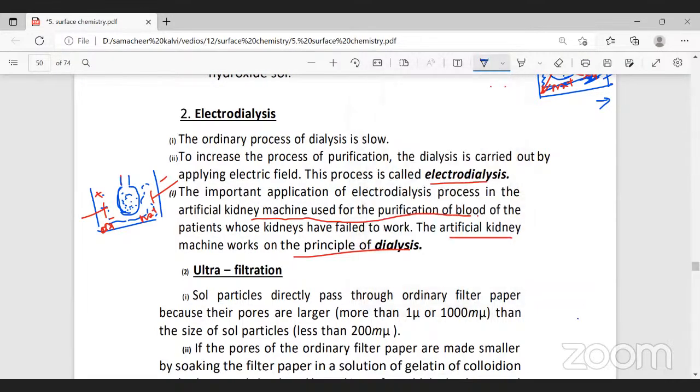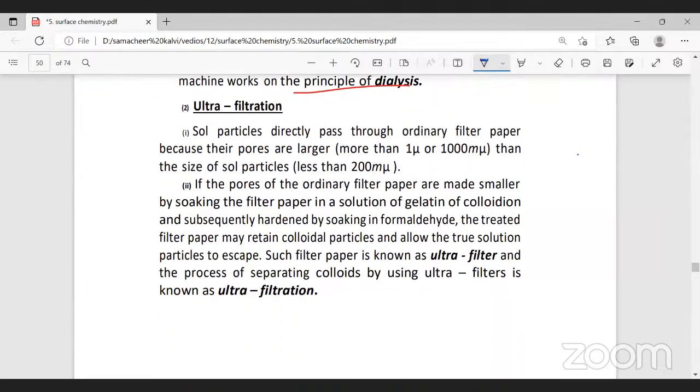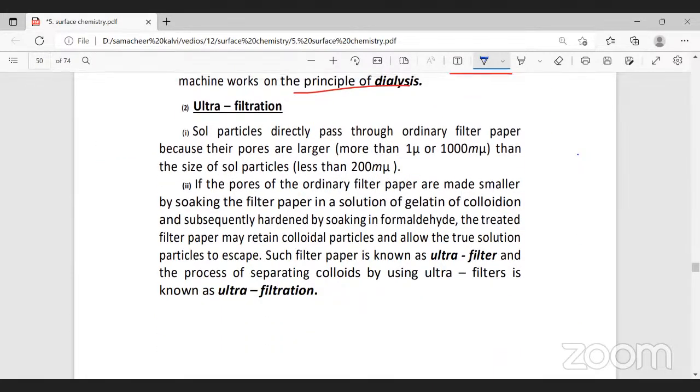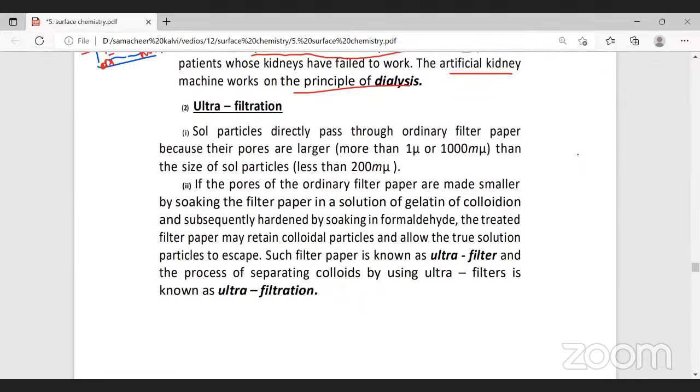The next method of purification is ultrafiltration. Salt particles directly pass through ordinary filter paper because the pores are 1 micrometer to 1,000 micrometers.